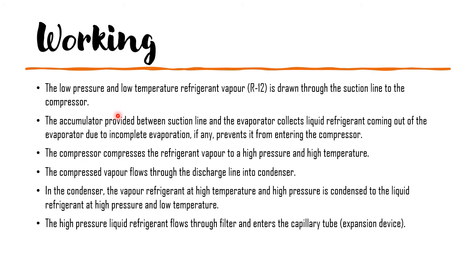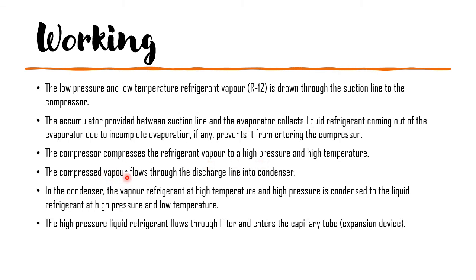Now the low pressure refrigerant vapor, where the refrigerant usually used is R12, is drawn through the suction line to the compressor. Here the accumulator collects the liquid refrigerant coming out of the evaporator due to incomplete evaporation, and prevents it from entering the compressor. The compressor compresses this vapor to high pressure and high temperature.